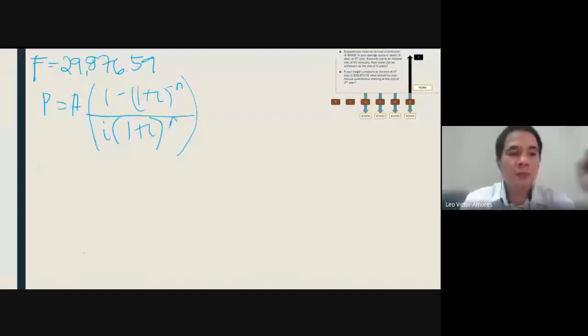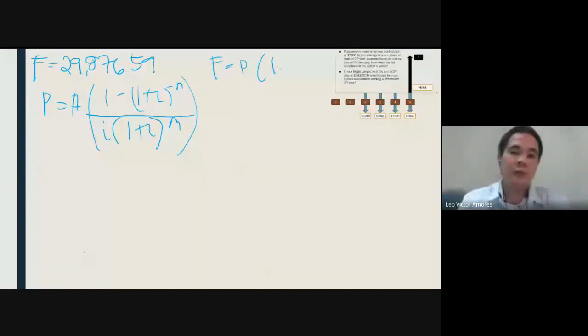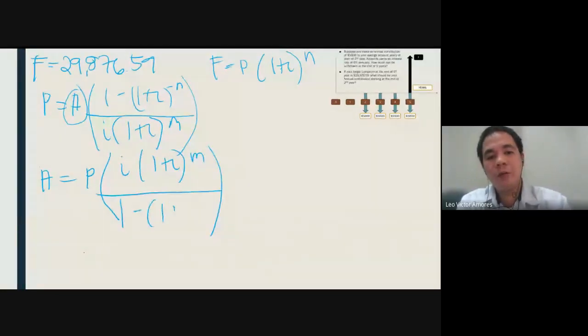Meaning, also you have your F is equal to P, 1 plus i to the power of n. Provided that you are trying to get the value of A, your A is equal to P, i, 1 plus i to the power of m, over 1 minus 1 plus i to the power of negative n. Right?